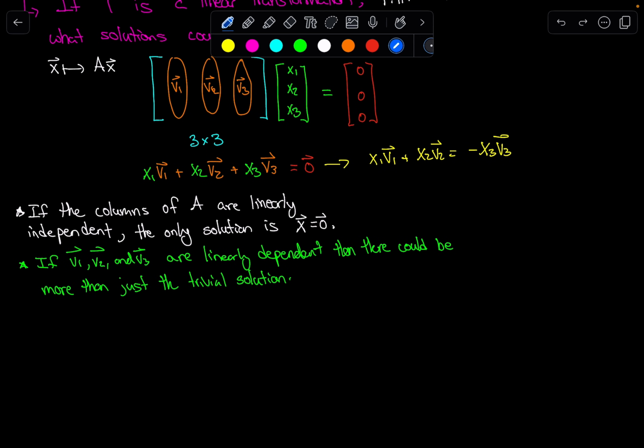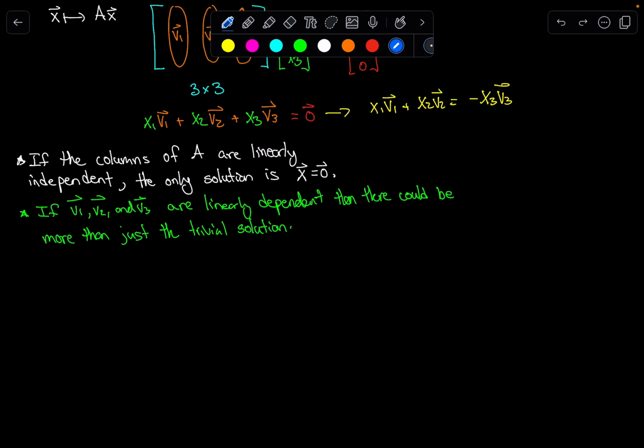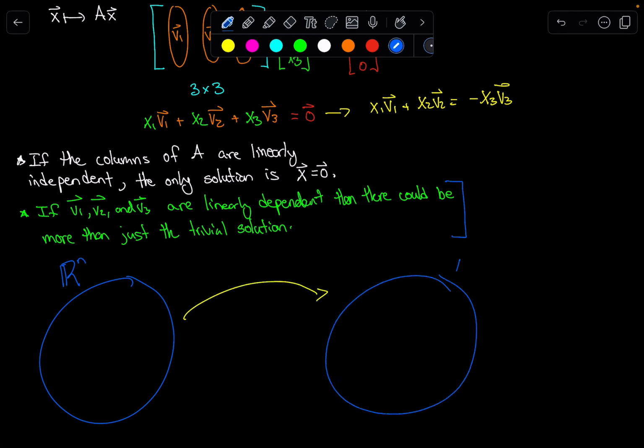So what does that mean in terms of our transformations? So this one here basically says pictorially, we're in our domain, our Rn, we're mapping over to Rm, by some transformation T. And the idea is that if they're linearly dependent, that means there's some vector x1, there's maybe some vector x2, there's the zero vector, right?